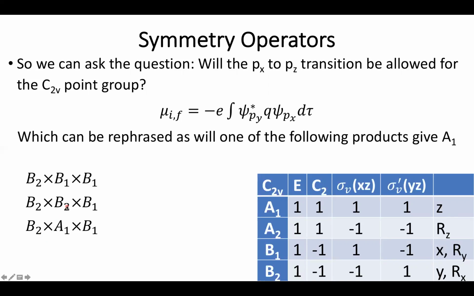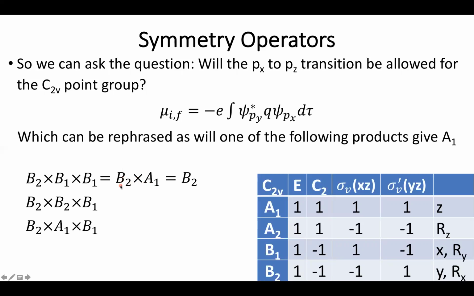Now this is where we can use some of the rules that we've developed so far. So I know that any irreducible representation times itself will give me the completely symmetric irreducible representation. So in this case, I know that B1 times B1 should be the same thing as A1. But I also know that the completely symmetric irreducible representation times any other irrep will give me that other irrep.